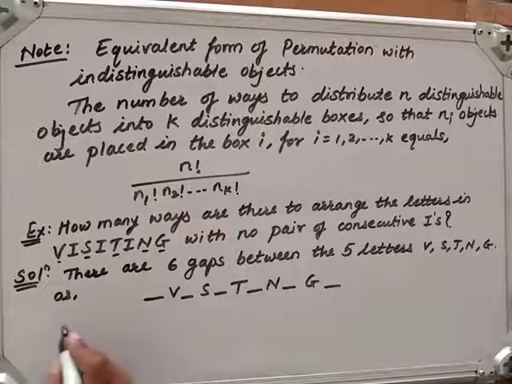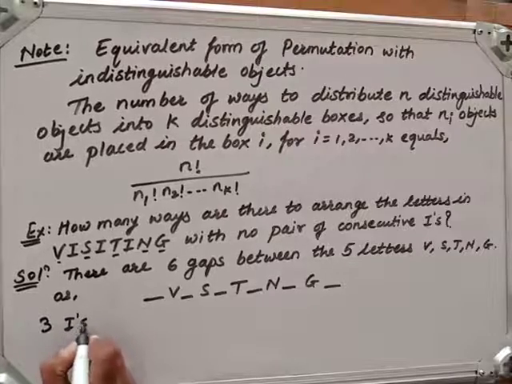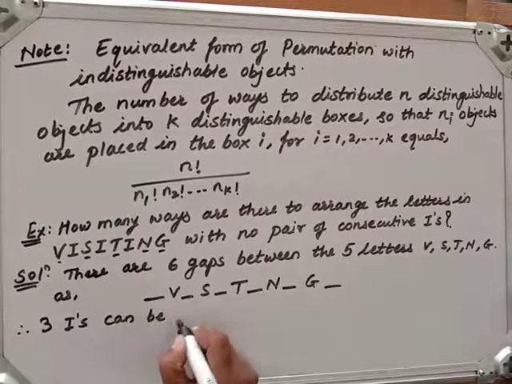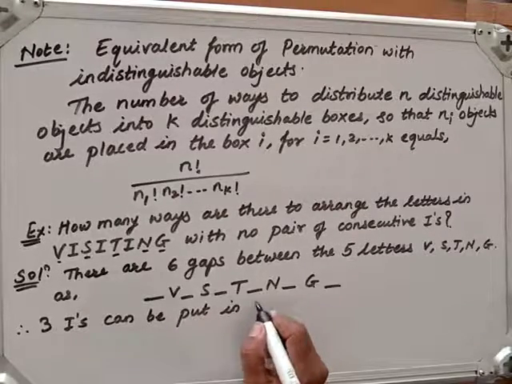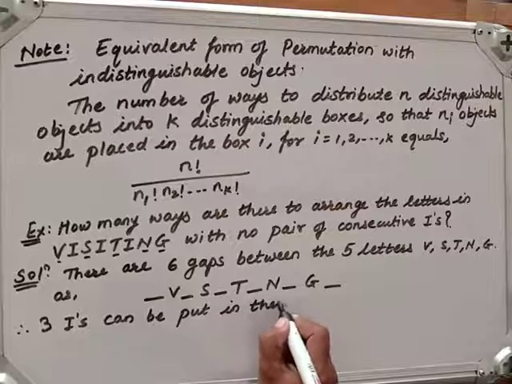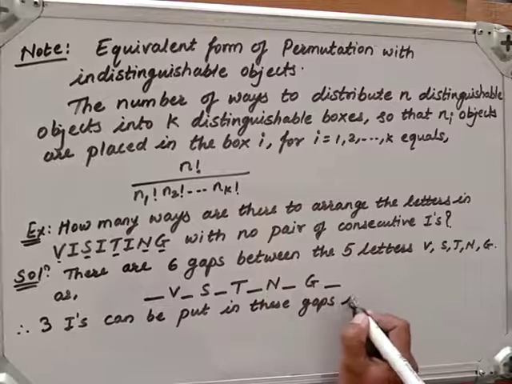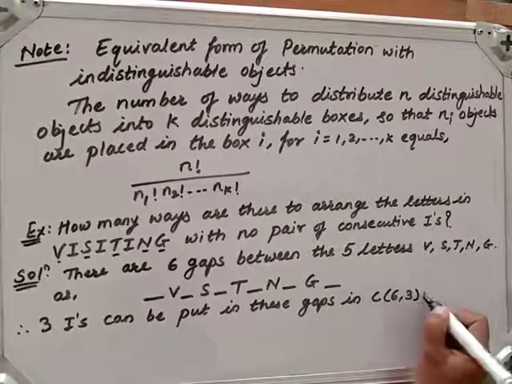Fine. Now, 3 i's can be put in these gaps in how many ways? 6C3 ways.